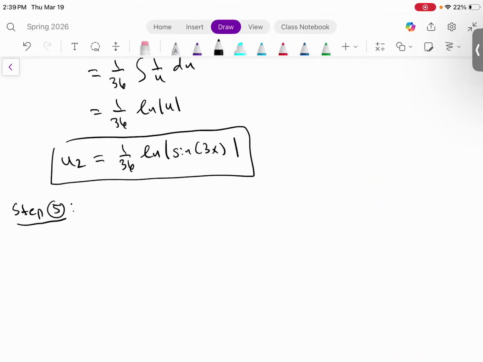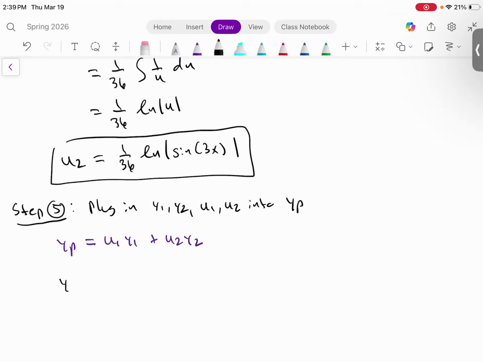We plug y1, y2, u1, u2 into our particular solution. Remember our particular solution is u1 times y1 plus u2 times y2.